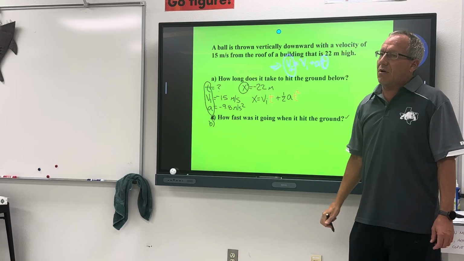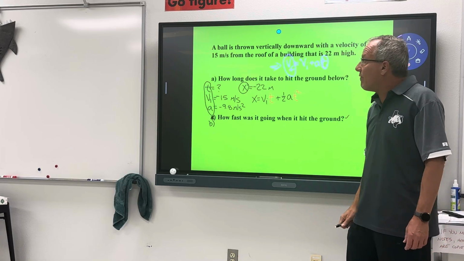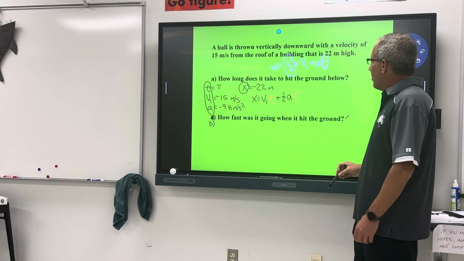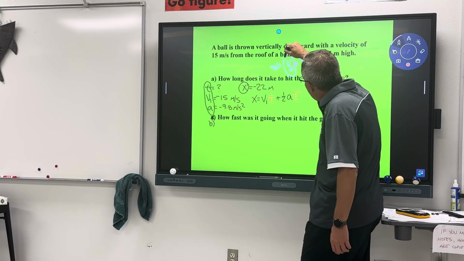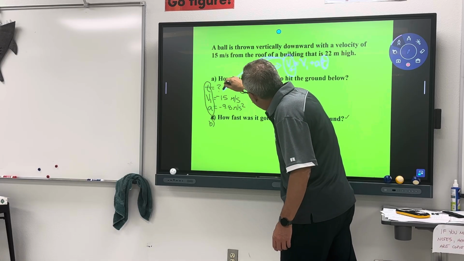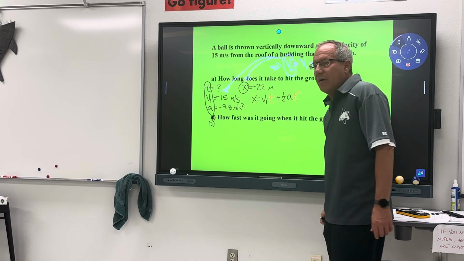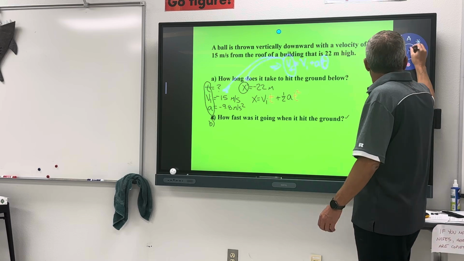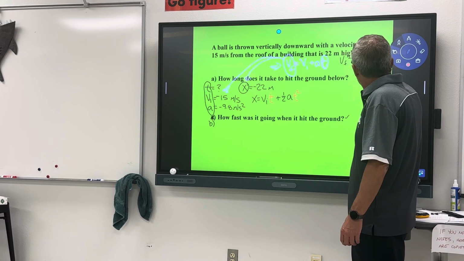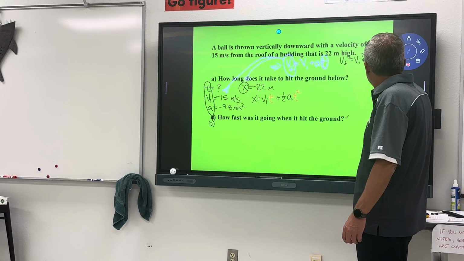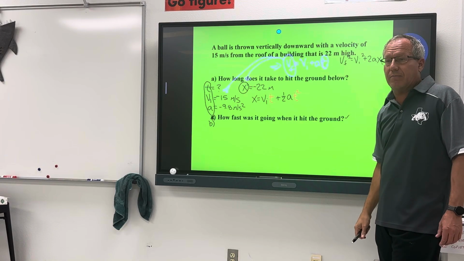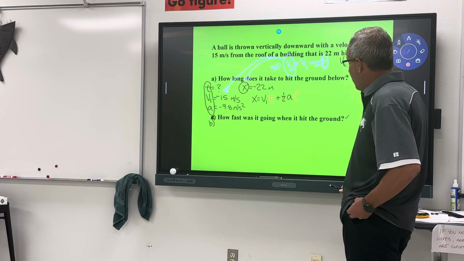And now, instead of solving for time, we're going to look for ways to see if we can solve for final velocity. May not be the case all the time, but we're going to try to solve for final velocity, given that we have displacement and given that we have VI and we have acceleration. And what you can then realize is that, well, I can use VF squared equals VI squared plus 2AX, and I'll be able to solve for final velocity and then use that to solve for time. And that's the route we're going to go.